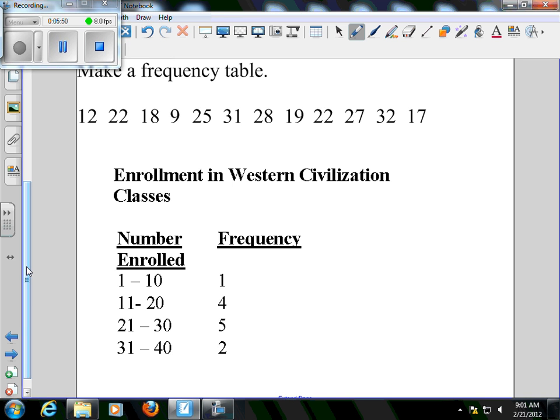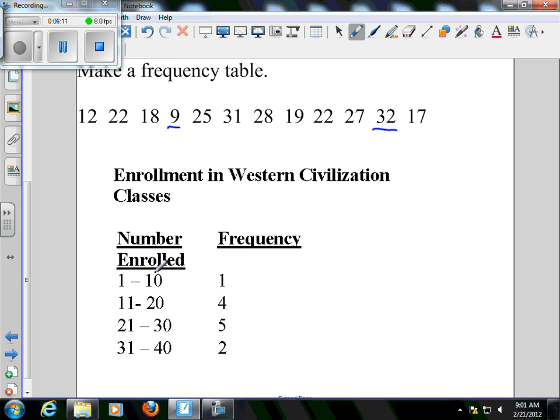It seems that it's got quite a range on it. Our lowest number appears to be 9 all the way up to our highest number, which appears to be 32. And that would be a real pain to write out 9, 10, 11, 12, 13, 14, and so forth, and go all the way up to 32.